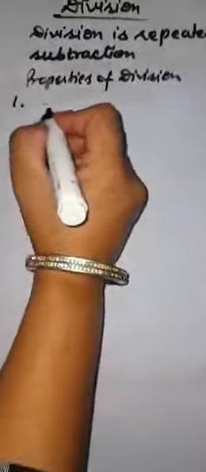First of all, let me write down the heading over here. Properties of division. So here, property number 1.